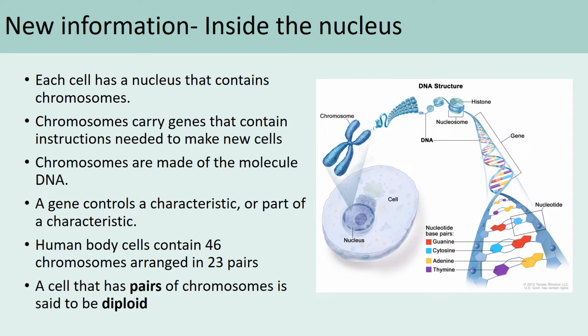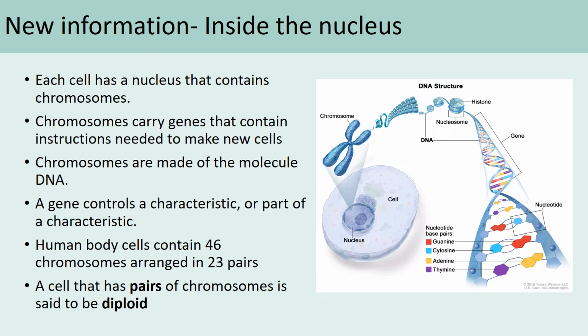On the right hand side, you can see a picture of how everything fits together in terms of size. You've got a nucleotide, so that's the chemical that makes up DNA, and then the DNA going to genes, the genes coming together on these structures called chromosomes, and then the chromosomes in the nucleus of our cells.